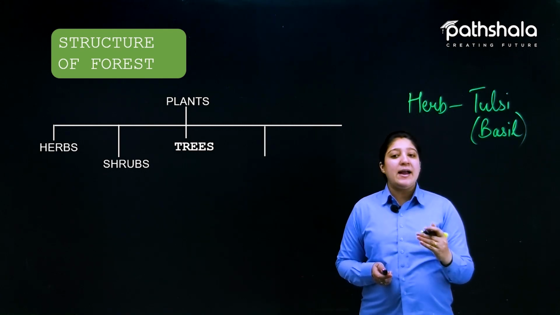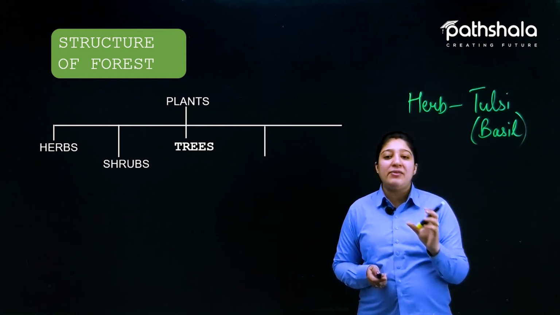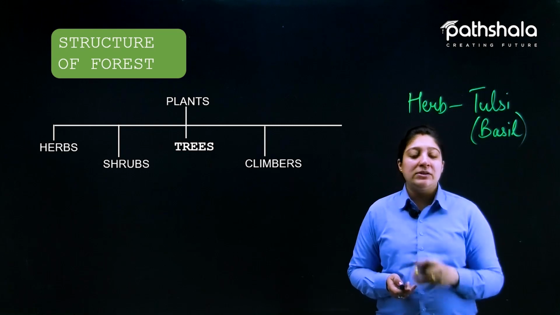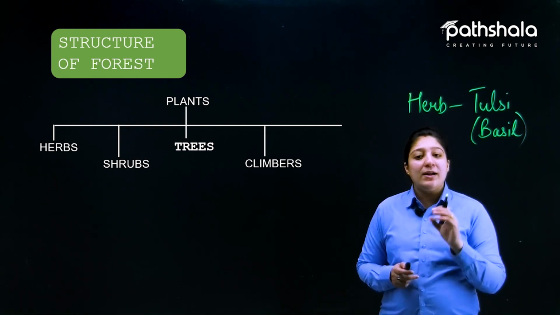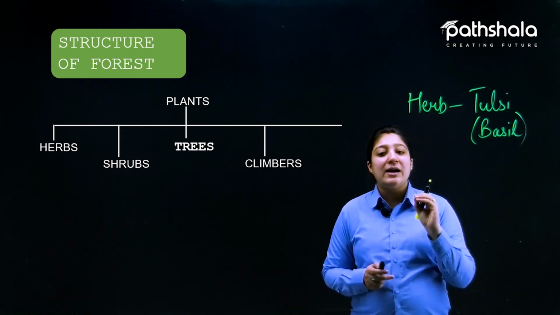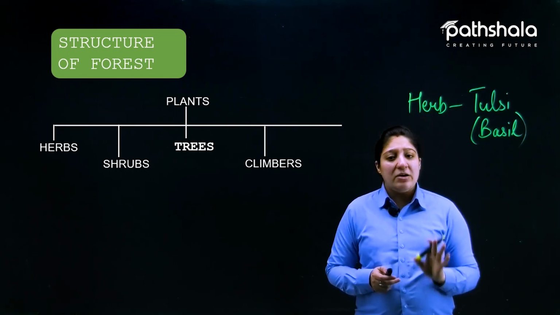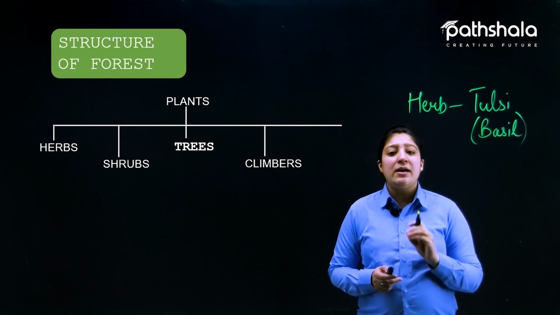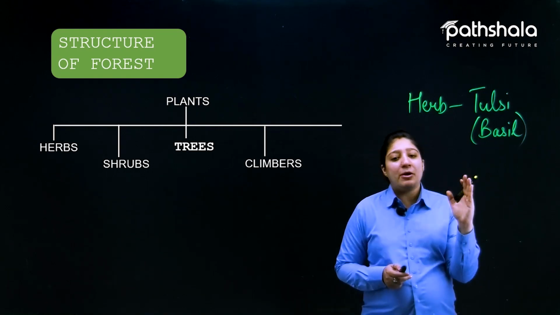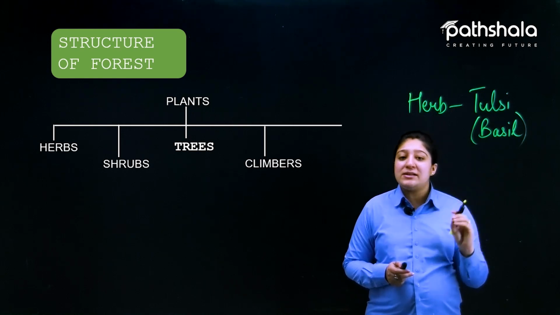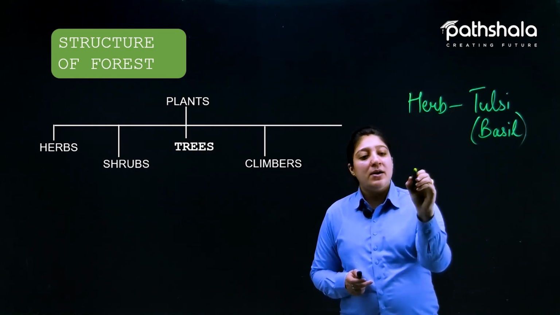After that, the other kind of plants or other kind of layer that is formed in the forest is climbers. Now here understand what climbers exactly are. Climbers are a type of plants which have a very weak stem, and because of that they are not able to stand properly, so they just climb with the help of tendrils.